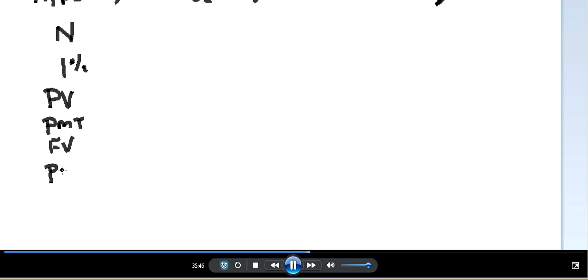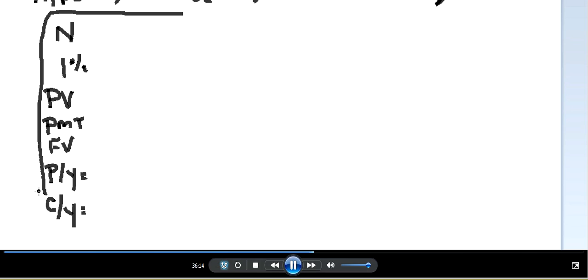P/Y is the periods per year, or compounds a year. These numbers will always be the same for P/Y and C/Y, depending on whatever the problem is stating. If it's compounded quarterly, then this is 4 and this is 4, and it goes in virtually automatic. Okay, so here's our key, if you will. This is kind of like what it looks like, and we're going to fill in all these values, this table with the values that we get from the problem.